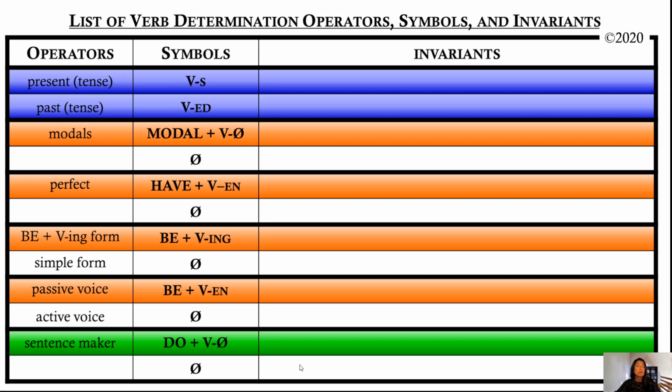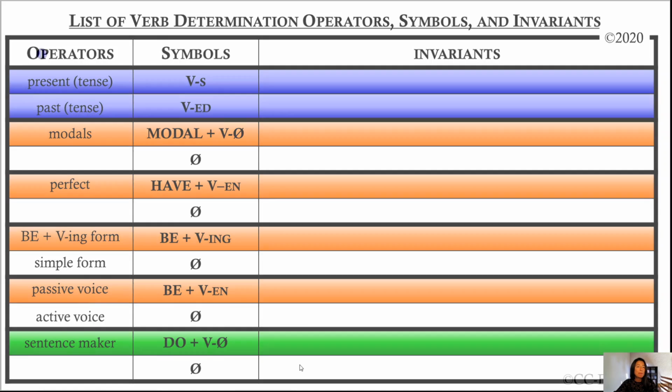So how do I give a form to a verb that I want to put in a sentence in English? Well, basically, you need to follow a process that is always the same, and that consists of 6 different steps.